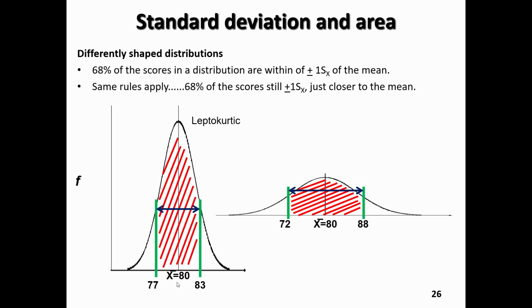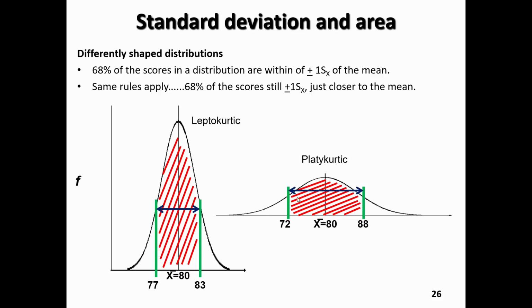Because this distribution is tighter with respect to the location of the scores near the average, we have a smaller value for the standard deviation, which is plus minus 3 years. Even though we have a tighter distribution, the range of 77 to 83 years is still capturing approximately 68% of all the scores.